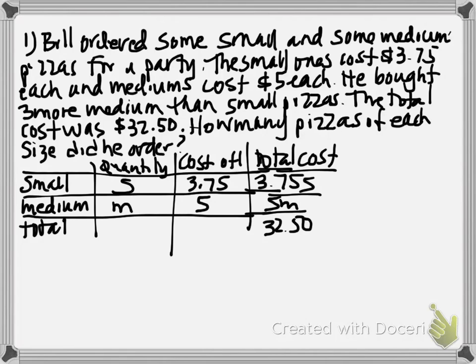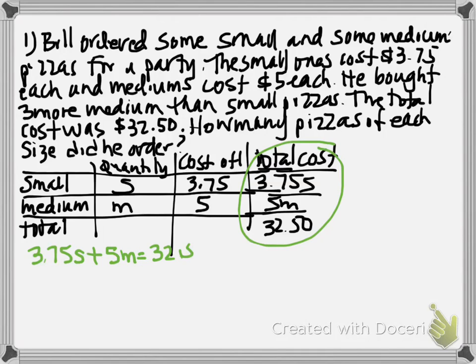So because we have 2 variables, we're going to have 2 equations. And there's an equation right there for us to write. So the total cost for the small pizzas plus the total cost for the medium pizzas equals the total cost.